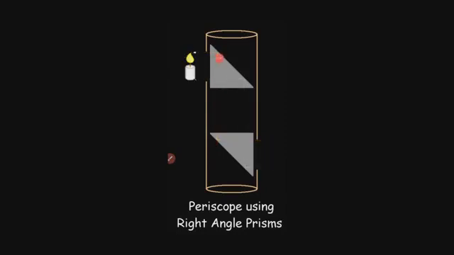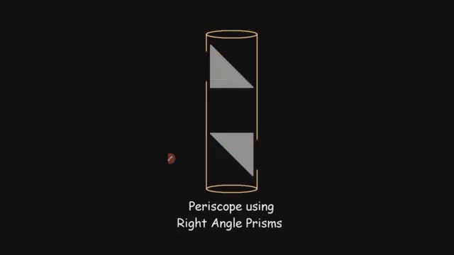If I draw the normal here, this side will be 45 and this will be 45. This means the angle of incidence is 45 and the angle of reflection is also 45. It gets reflected here, and here it again gets reflected, and the observer is here.